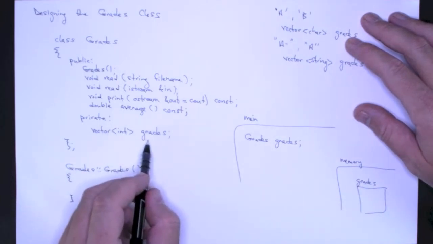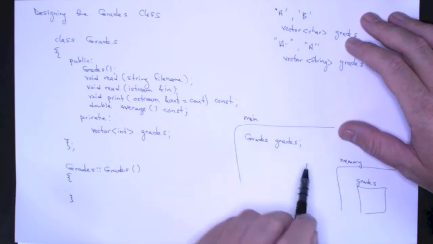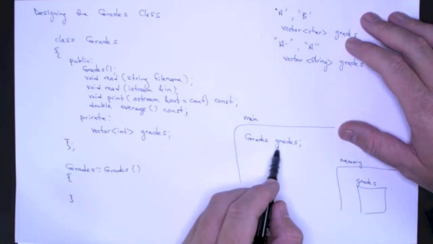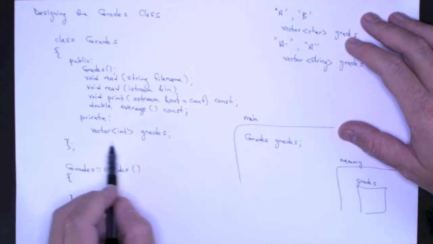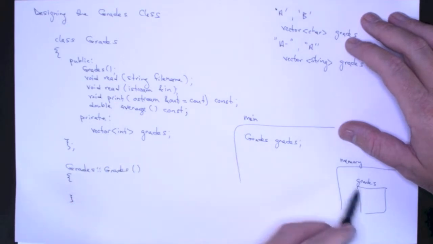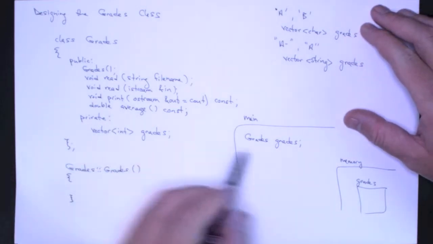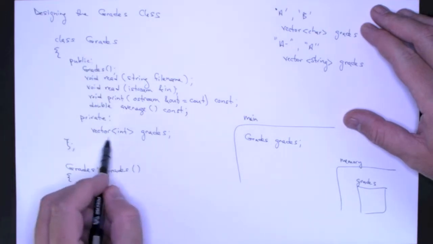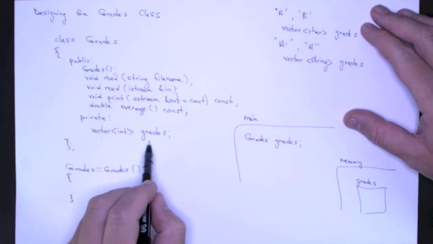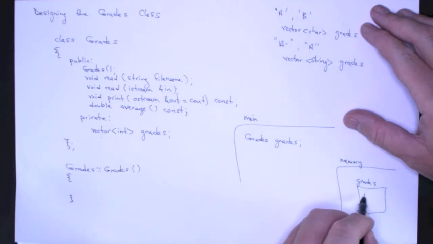Okay, so there are two grades here. There is the grades object, and then there is the vector of grades. So don't get confused by the name. I'll try to draw it in a way that it's clear here. As part of the grades object of this class, you're getting a vector of integers called grades. So in this object, it's called grades.